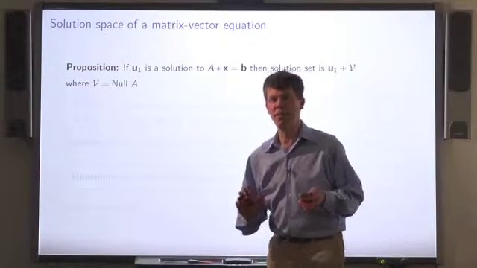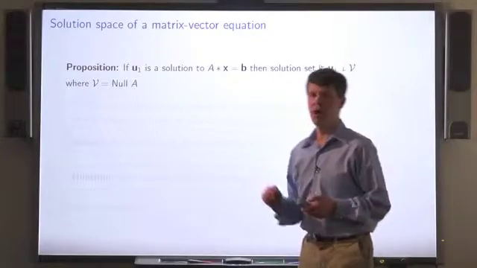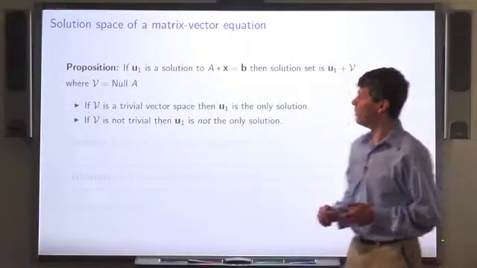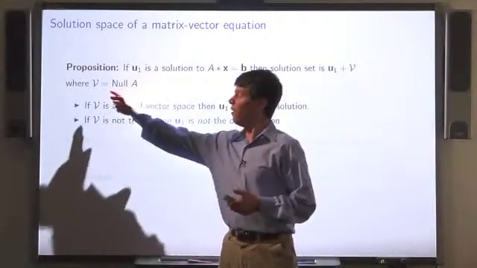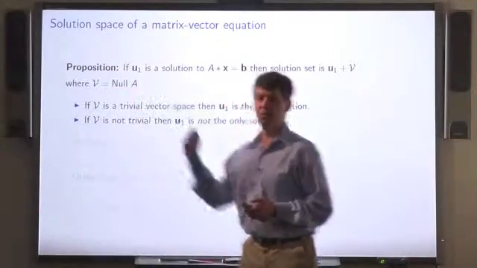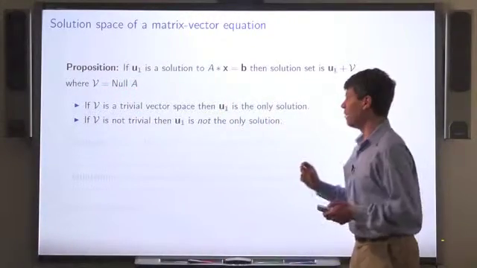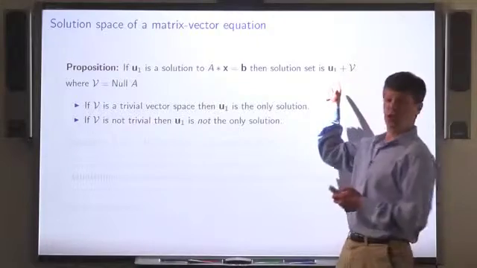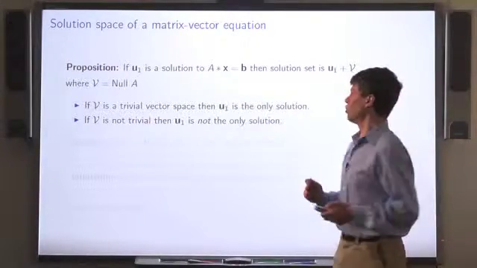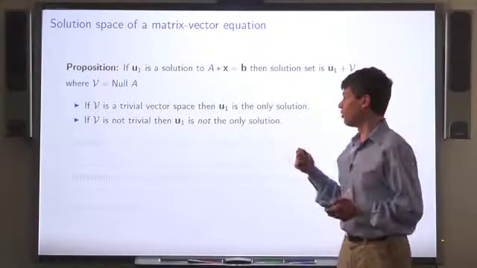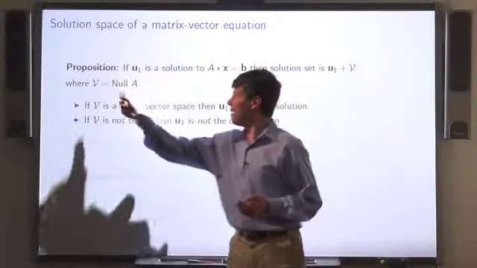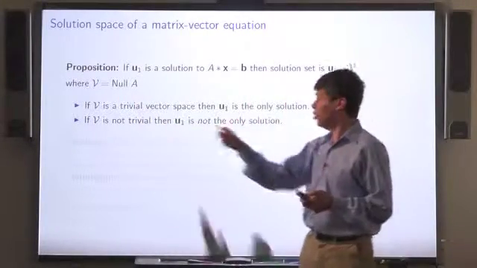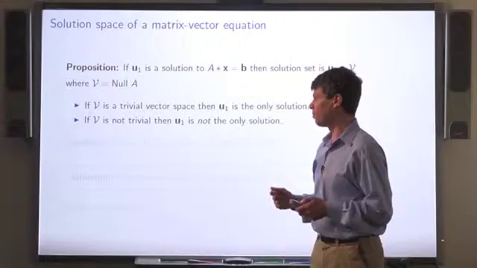Let's look at some simple but important consequences of this proposition. If the vector space big V, which is defined to be null A, is a trivial vector space, then the solution U1 is the only solution to this matrix vector equation. And if big V is not trivial, then U1 is not the only solution.